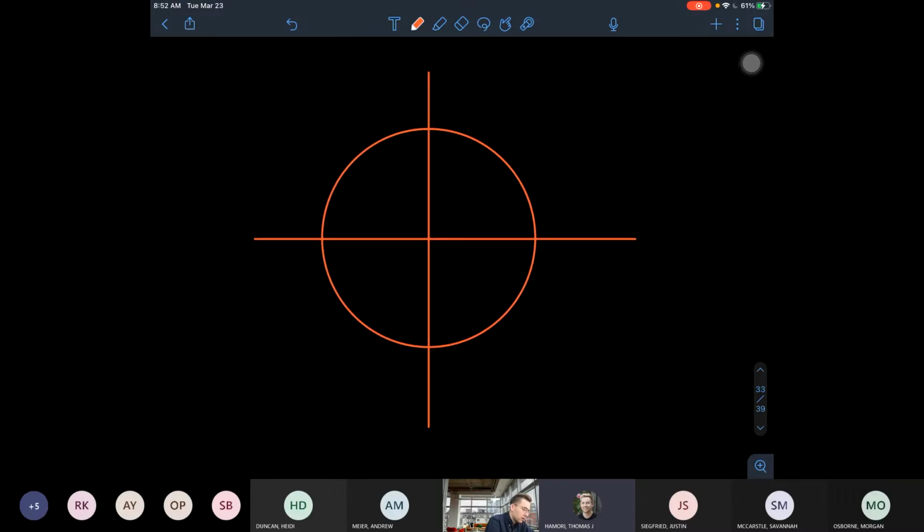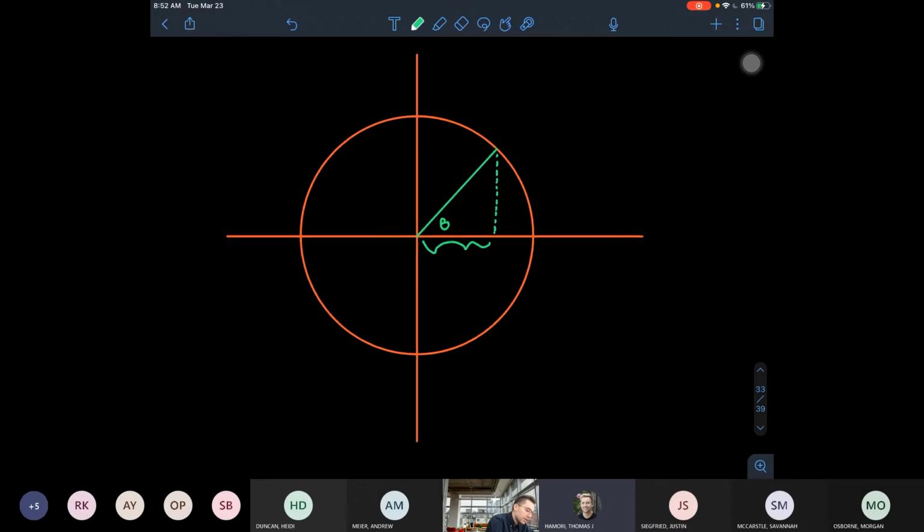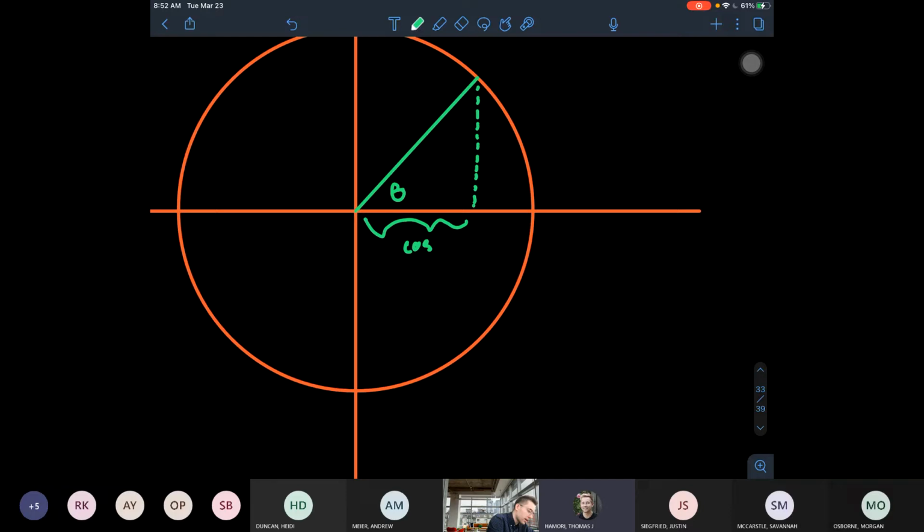So we said originally when we developed the trigonometric functions that if we take some angle theta, it has a point on the unit circle, and this distance here will be cosine of theta, and this distance here will be sine of theta. So the point on the unit circle is the point x comma y, which is equal to cosine theta comma sine theta. That was how we defined sine and cosine.